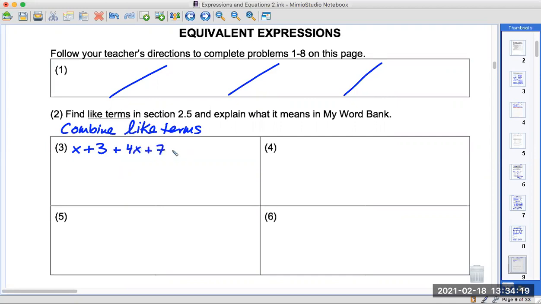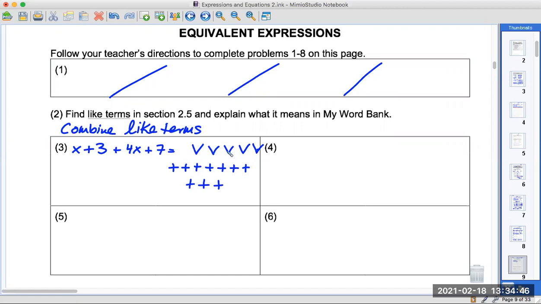So you can do cups and counters. You can draw 1 cup for that, and then 4. These are 4, right? 1, 2, 3, 4. And then you have your numbers, +3, 1, 2, 3, and +7, 1, 2, 3, 4, 5, 6, 7.